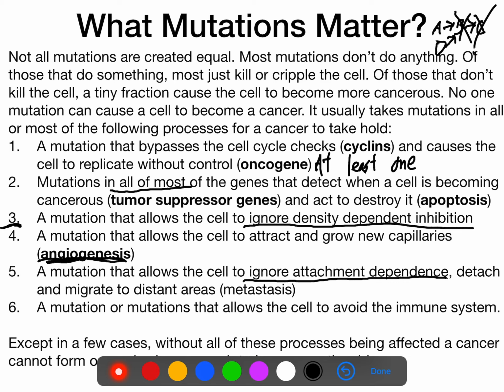It has to be malignant. So with most cells, if they let go of other cells and they become separated from the pack, they can no longer reproduce. That's what attachment dependence is. And we need to have a mutation that will destroy that dependence, so that the cell is now allowed to multiply even if it's not attached to anything. Okay, so at this point, up to 5, now you've got a cancer.